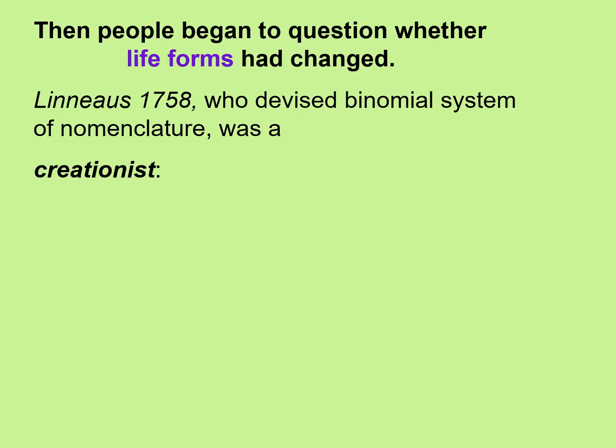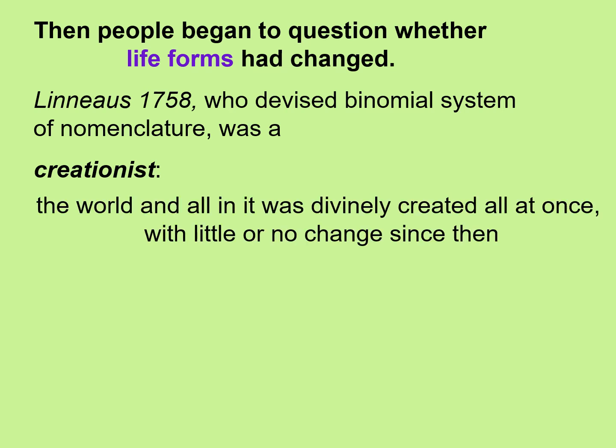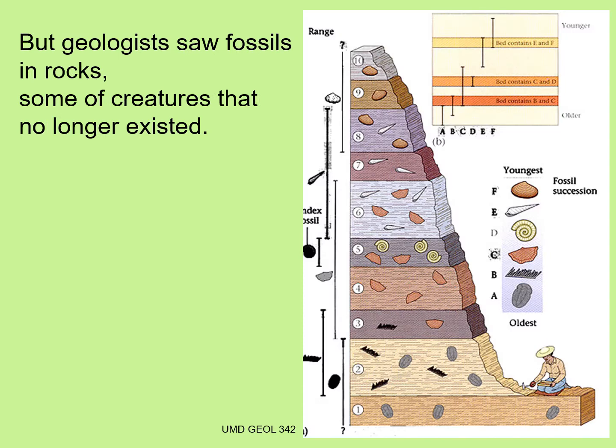Then people began to question whether life forms had changed. Linnaeus, who devised a binomial system of nomenclature, was a creationist. Creationists believed that the world and all in it was divinely created all at once, with little or no change since then. But geologists saw fossils in rocks.